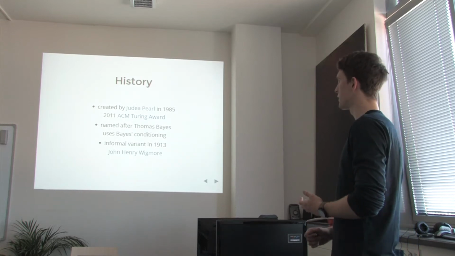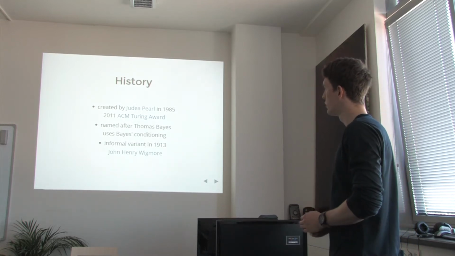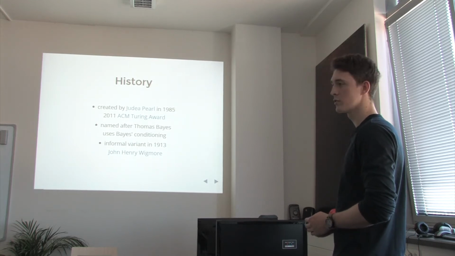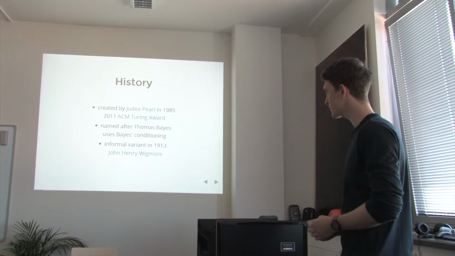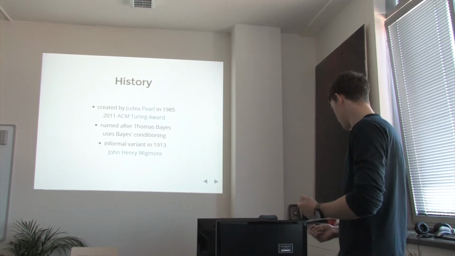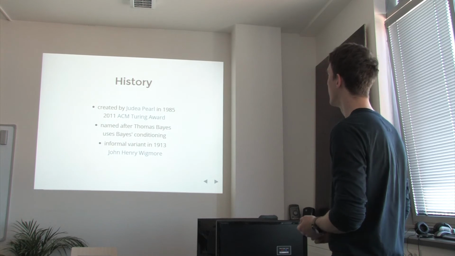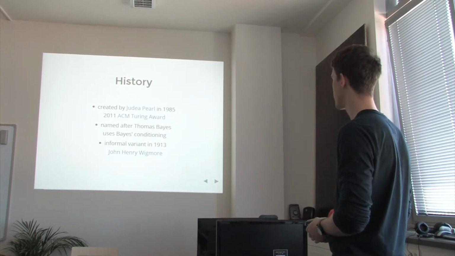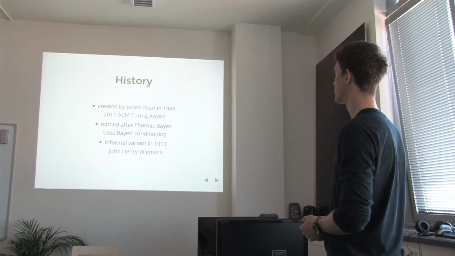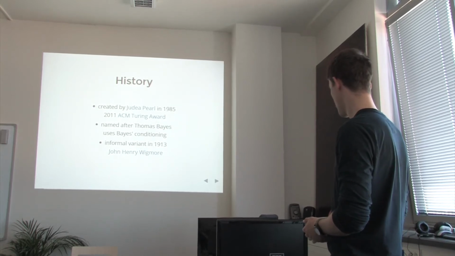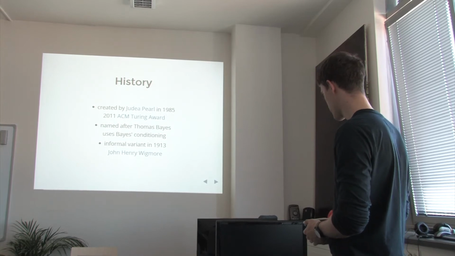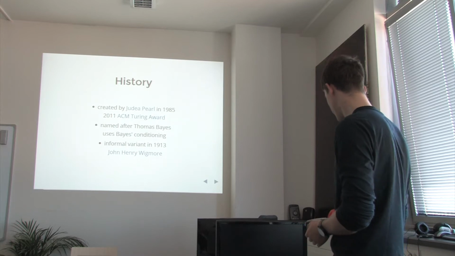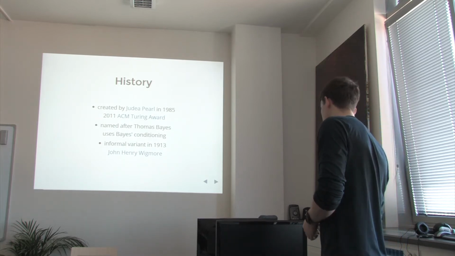Interesting fact is that his father was a journalist who was captured and killed by Pakistani militants connected to Al-Qaeda. This is just a by-the-way fact. Bayesian networks are named after the famous Thomas Bayes because they use Bayes conditioning, which you will see later. And their informal variant was created in 1913, which is more than 100 years before now.